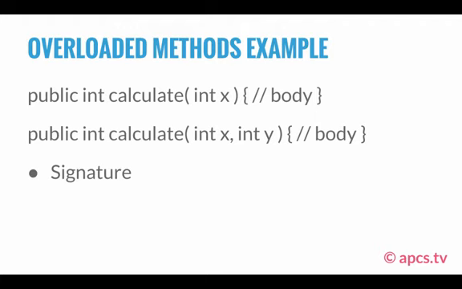But if the client said the object name dot calculate, in parentheses 2 comma 5, then because there are two arguments fulfilling two parameters, the computer knows to use the second method. So the point of overloaded methods is to give more flexibility and variety for the client when calling methods.